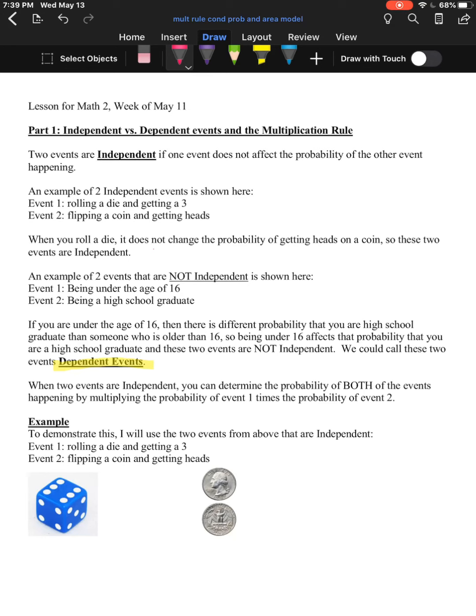Here is our example of our two independent events. We have event number 1 with one favorable outcome, that is, getting a 3. One favorable outcome. Event number 2 is a coin. How many outcomes are on a coin? Yes, 2, a heads and a tails.